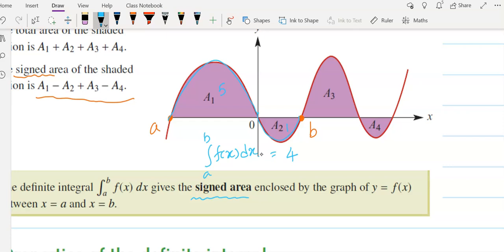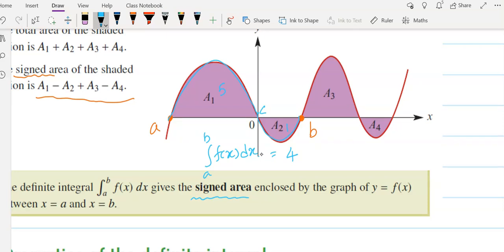When the graph is below the x-axis, it will give you negative figures, which means the final solution is accounted for everything. Hence, I get 5 minus 1, which is 4. But if I were to answer the shaded area, that means 5 on the top, 1 on the bottom, I should have 6 square units as the answer.